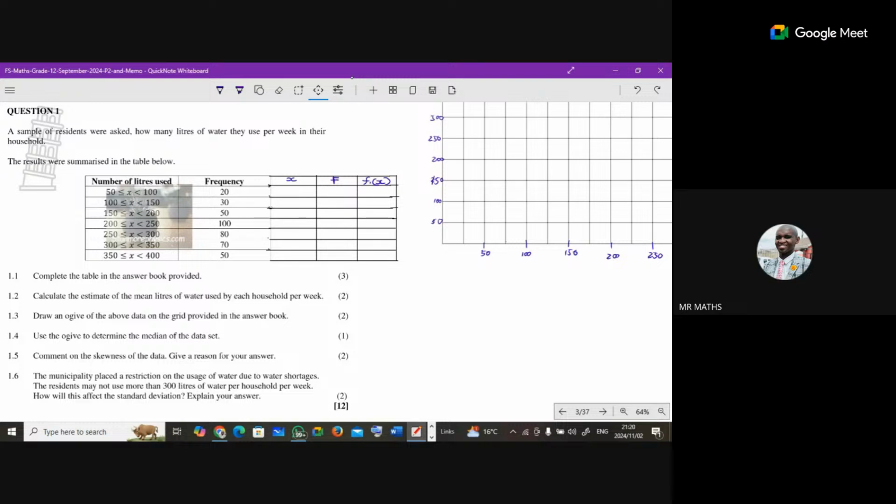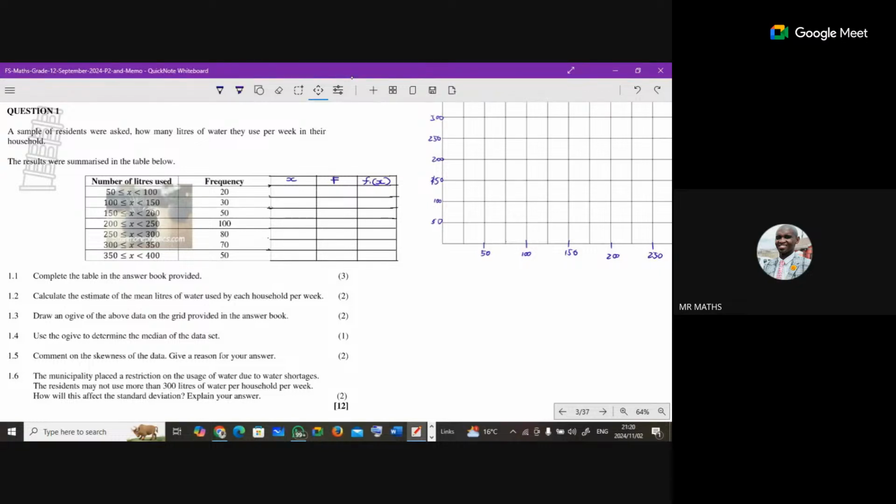Number of liters, so if frequency is the number of households, then people that are using 50 to 100 liters per week, households busy 20. Then that are using 100 to 150 liters, 30, you can see the table. Then we must complete the table in the answer book.